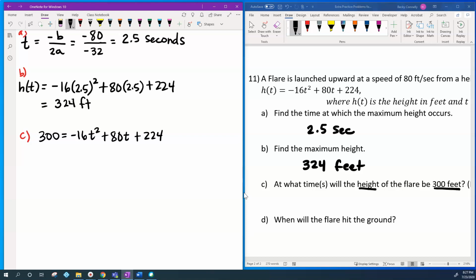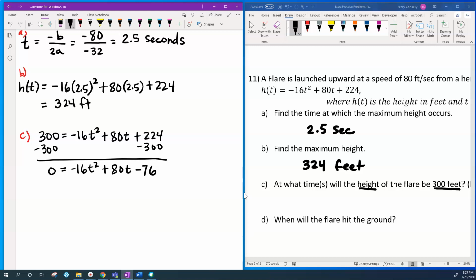All right, and then let's get everything over to one side. So we'd want to subtract that 300 over so that we have it equal to 0. All right, and then 224 minus 300 is negative 76.